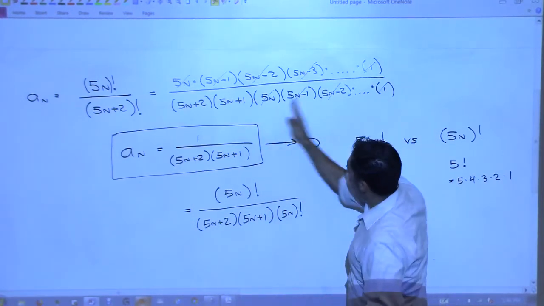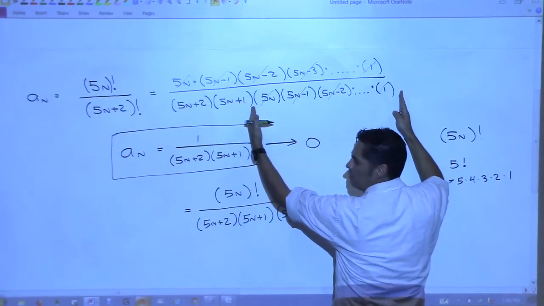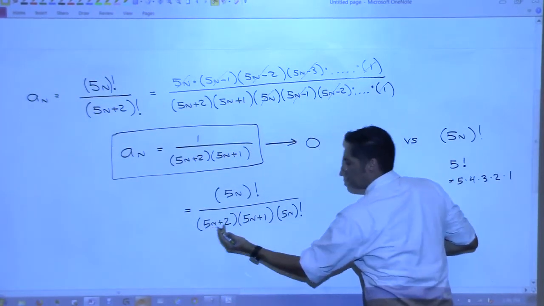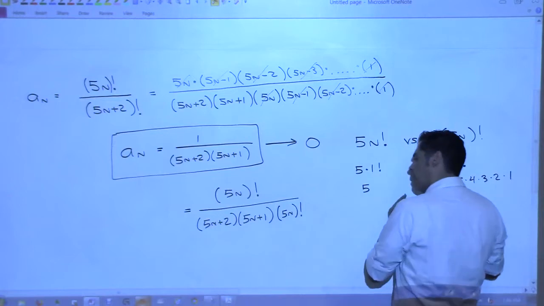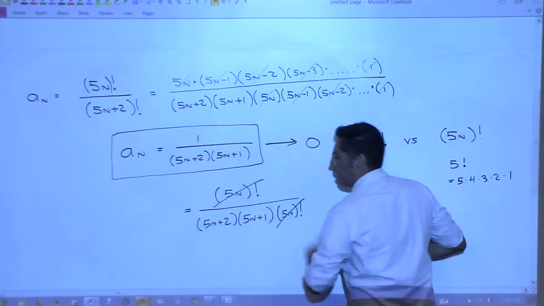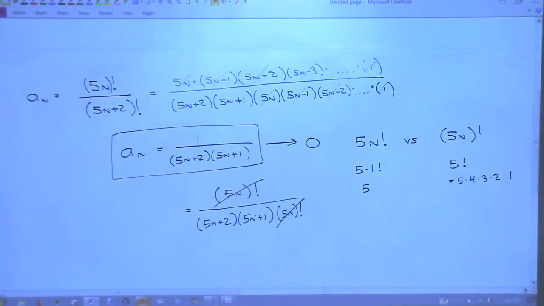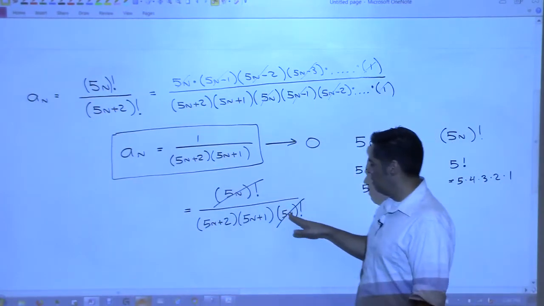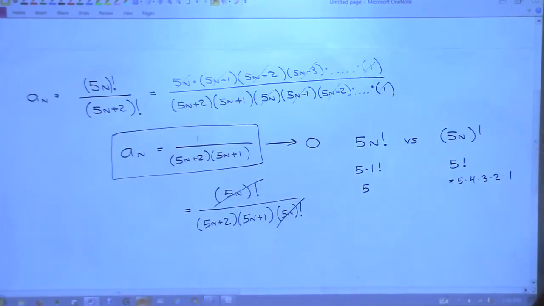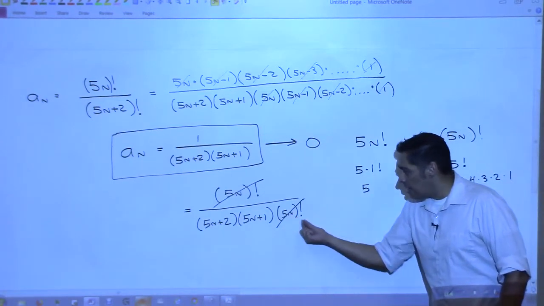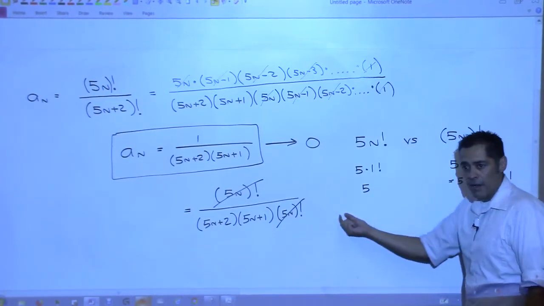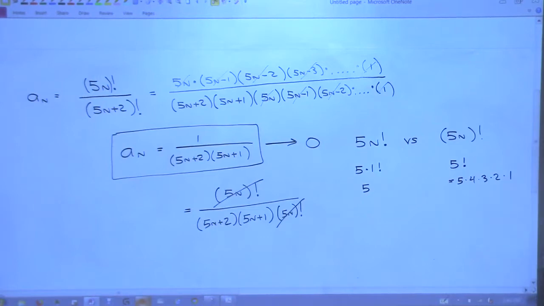Like from here on, that's 5n factorial. So I say 5n plus 2, 5n plus 1, then the rest 5n factorial. That cancels with that, and we're done. Do y'all see that? You just have to remember that that factorial means that this thing carries on, keeps going, right? All right.